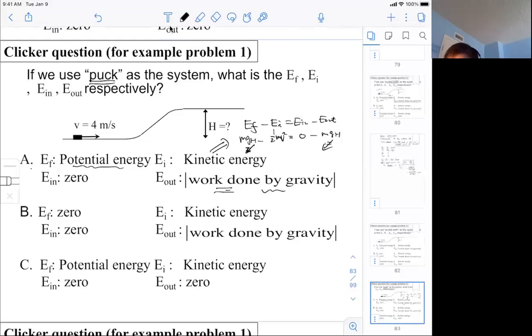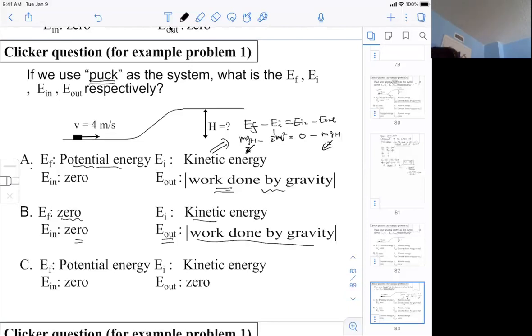So in this case, the final energy should be 0 because the puck has stopped. As far as the puck system, that's all the energy. So energy final should be 0. And in terms of initial, it's still the kinetic, no inputs, the output is indeed work done by gravity.